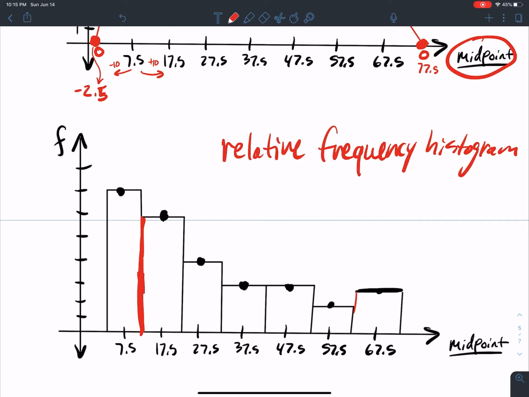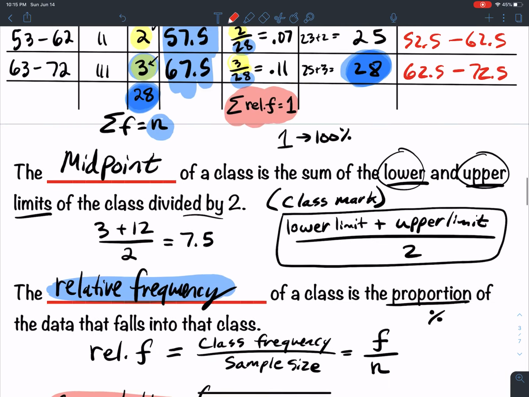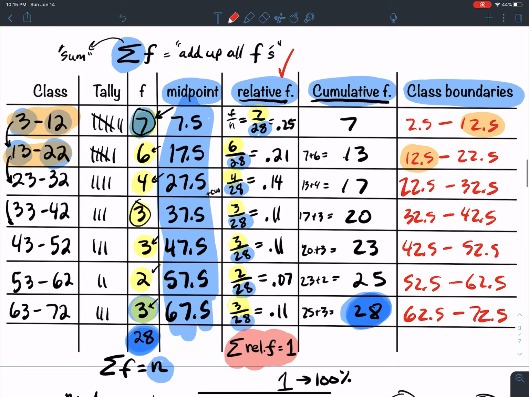A relative frequency histogram turns this into the relative frequency. So we go back and think about what the relative frequencies were. The first class had a relative frequency of 0.25. The second class had a relative frequency of 0.21. If you go all the way back here, you'll see the relative frequencies.